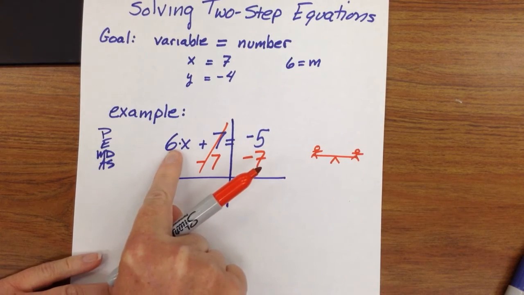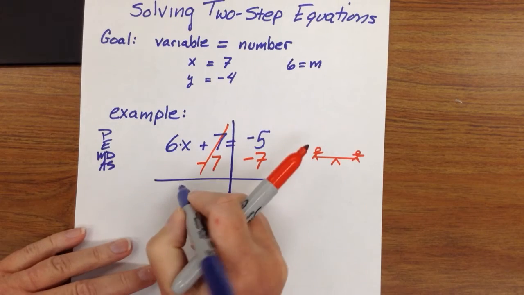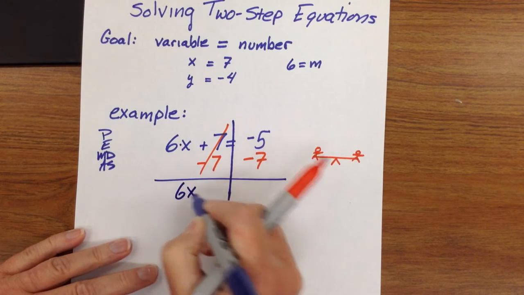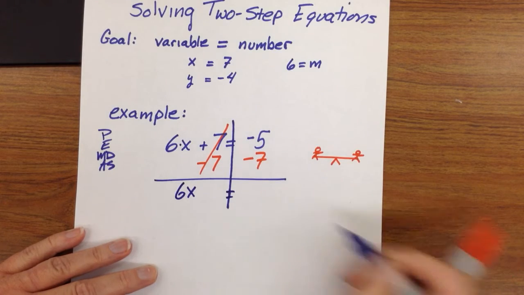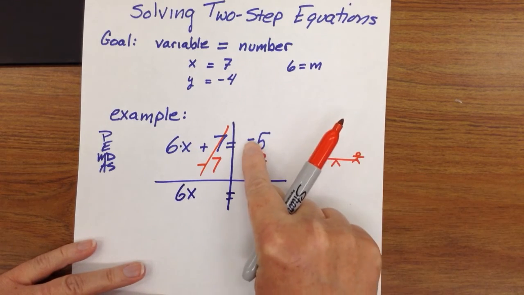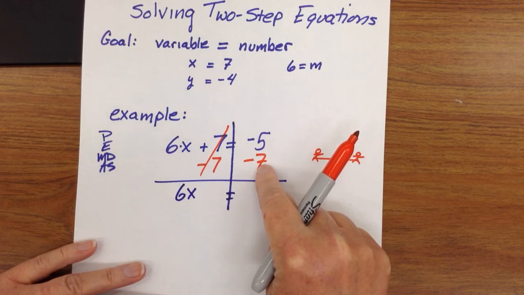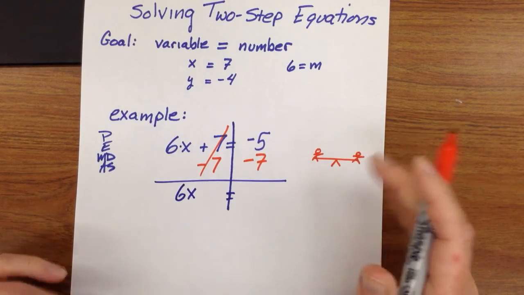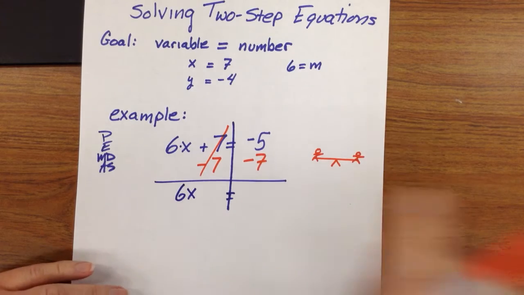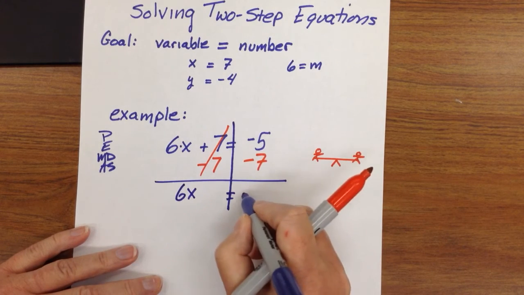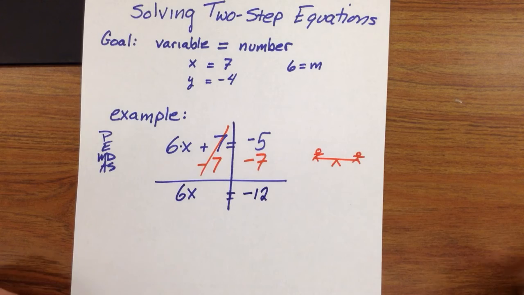Now what's left? 6 times x. Bring it down. Here we have an equal sign. Bring it down. Now over here we have to figure this out. -5 minus 7. You can use a number line, you can use a calculator. That is negative 12.